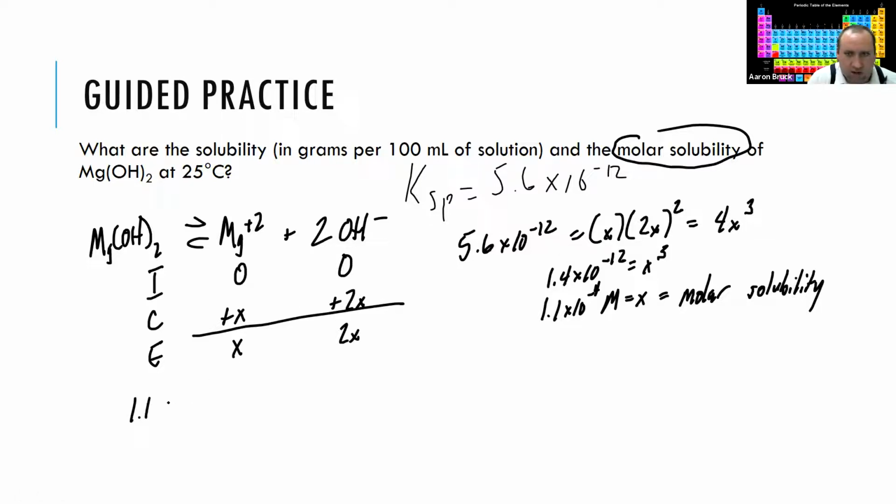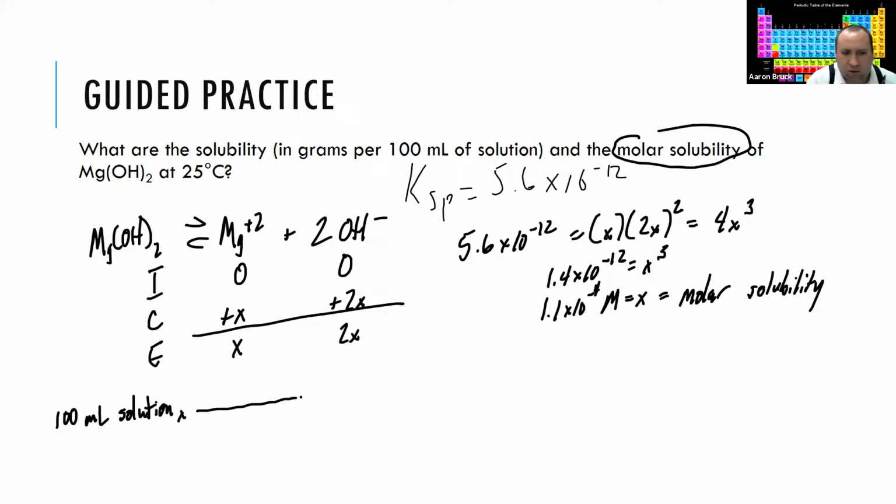To turn it into grams per 100, I need to do a couple of modifications. First of all, I am starting with 100 milliliters of solution, not a full liter. So I need to start with the 100 milliliters of solution.